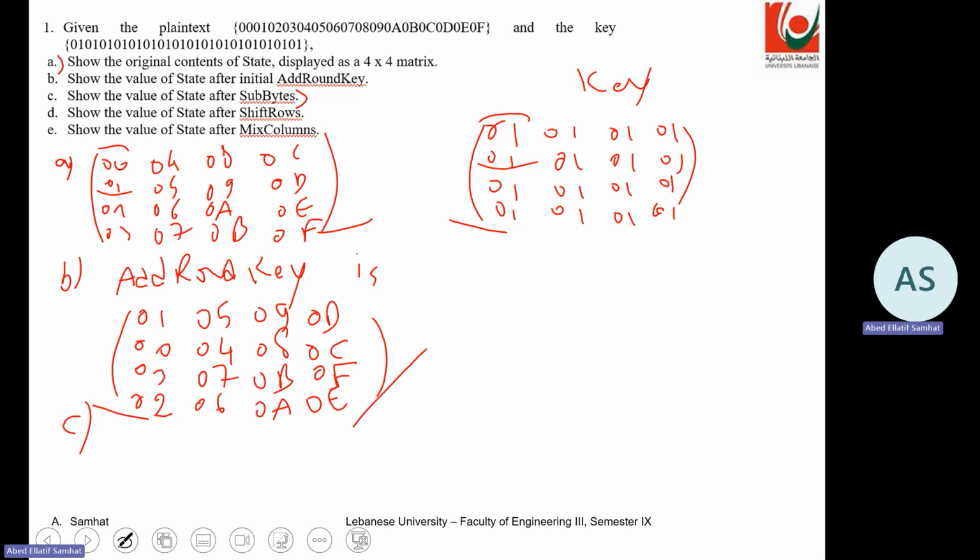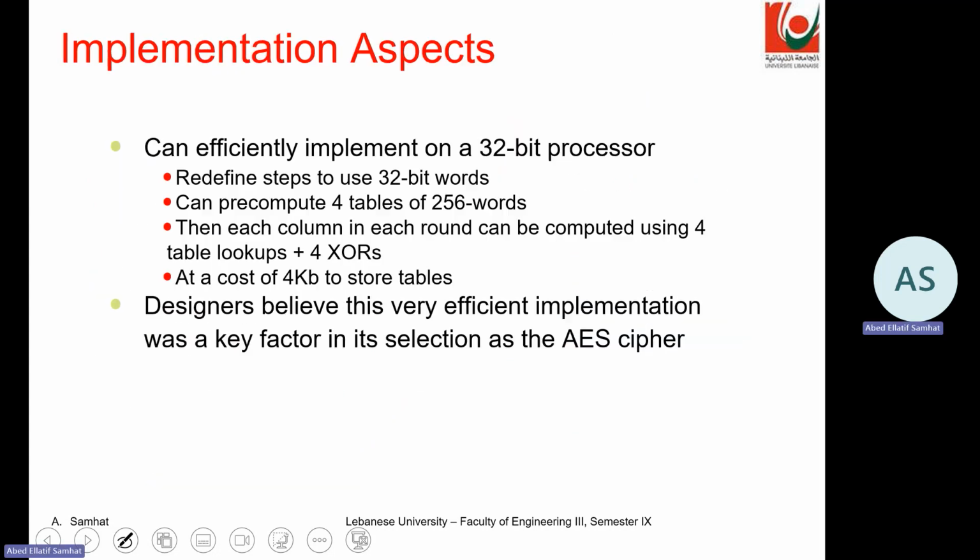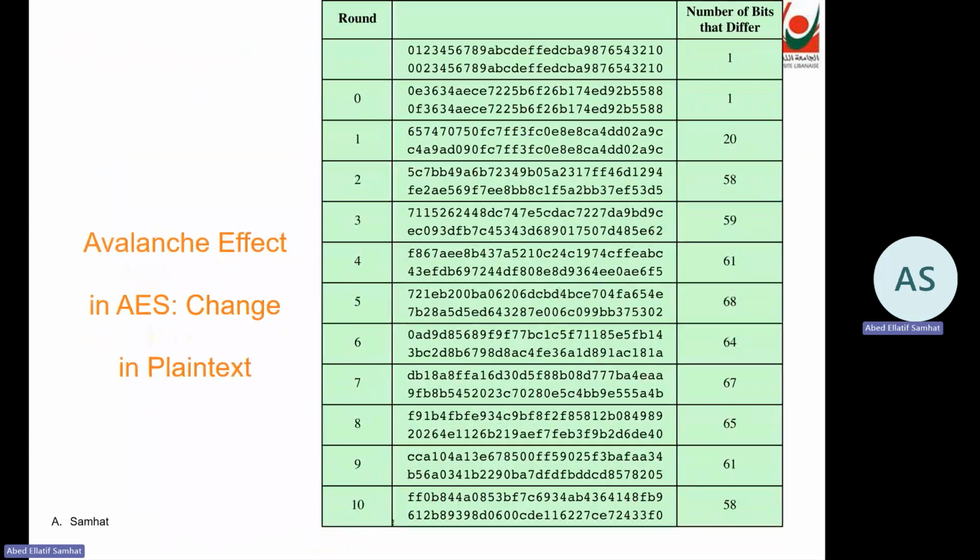So we have here 01. We should use 0 and 1, 0 and 1 in hexadecimal. So this is the first for the row, and this is for the column. Let's check on the S-box.